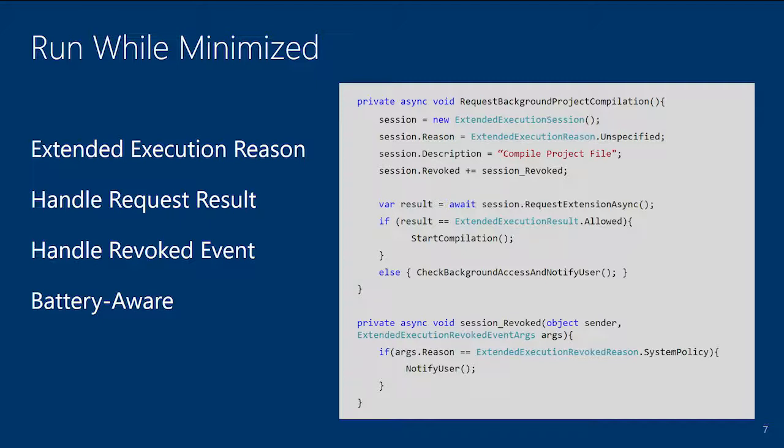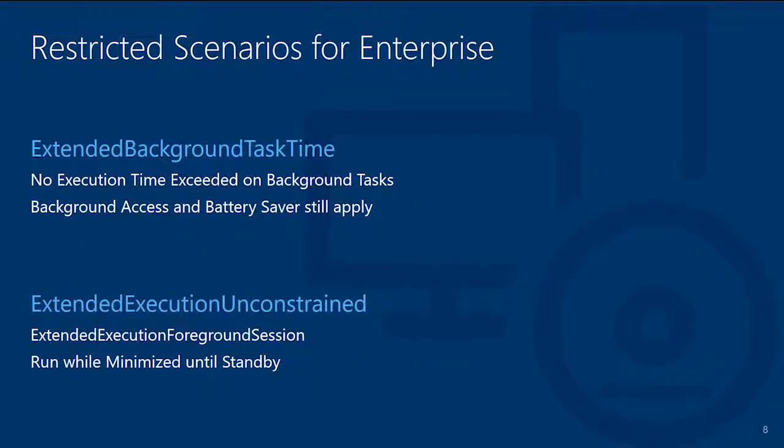Now we also have a set of restricted scenarios. These ones are not actually accepted into the consumer Windows Store, however they are accepted into the Windows Store for Business. Now for enterprise and line of business scenarios, we understand that there are apps that need to run for extended periods of time that may impact a battery-constrained device and drain battery more than what is normally acceptable for a consumer device.